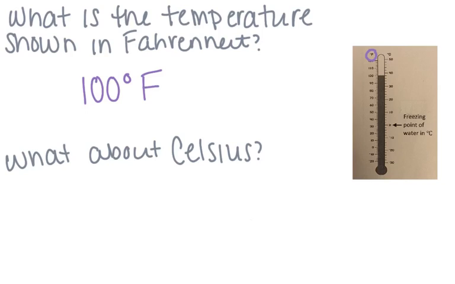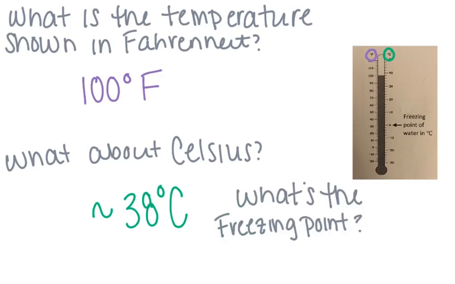Make sure you always include those units. Now, how about Celsius? Celsius is on the opposite side of Fahrenheit, so it is on the right side. So if it is 100 degrees Fahrenheit, what is our Celsius degrees? It is about 38 degrees Celsius.